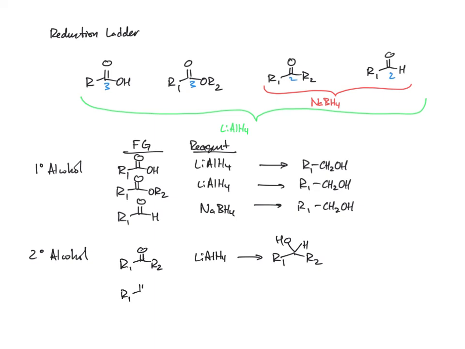So alternatively, taking the ketone and treating it with sodium borohydride will give you the same product. So again, even though lithium aluminum hydride is a 2-stage reductant, you're only starting at oxidation state 2 here, so it can only go down to 1. So lithium aluminum hydride or sodium borohydride will affect the same transformation to give you a secondary alcohol.